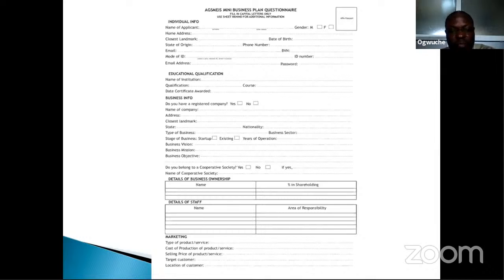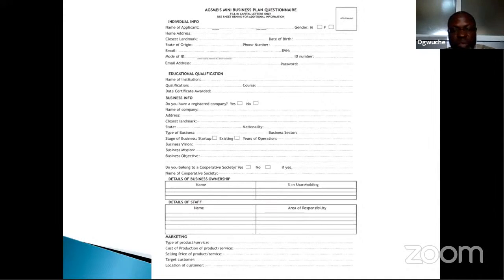Then details of staff. In each business that we do, no matter how small it is, in most instances we are not the only people involved in that business. You definitely have other support staff who work with you, who support you. If you're running a poultry farm, of course, you have maybe the poultry manager, the sales officer, the laborers who work on the farm, who do the feeding, do the cleaning, and all of that.